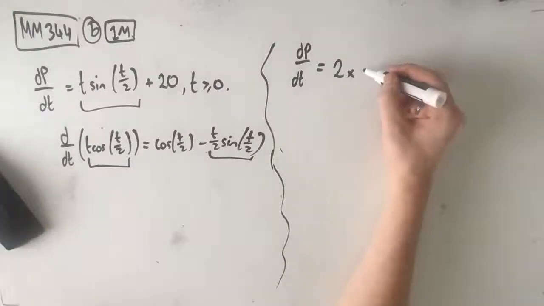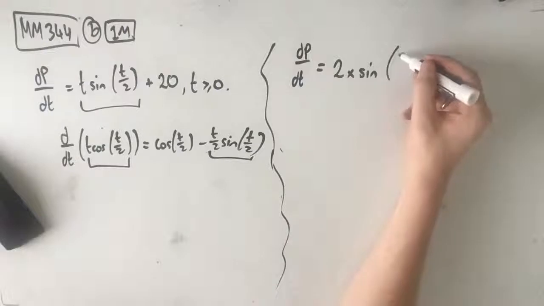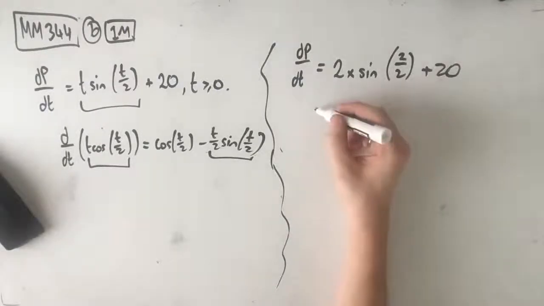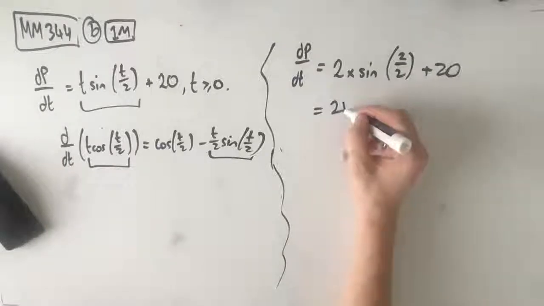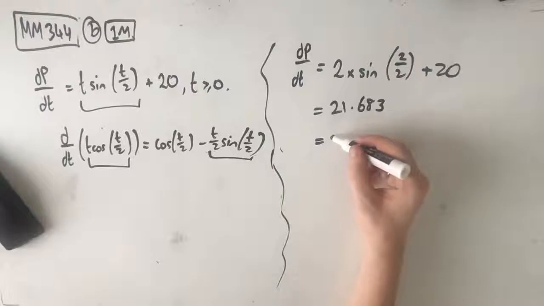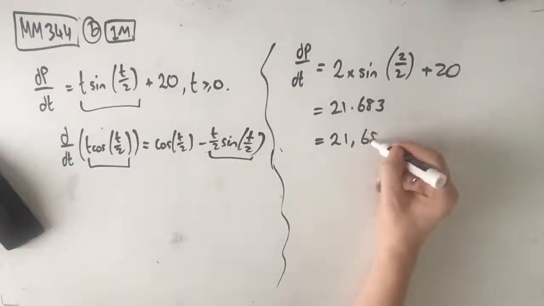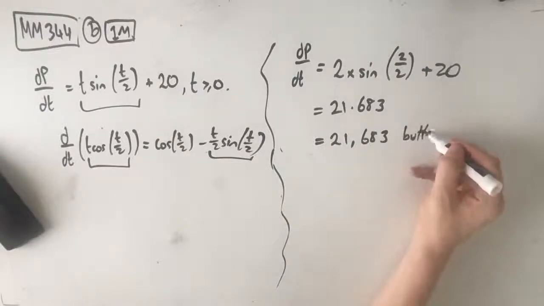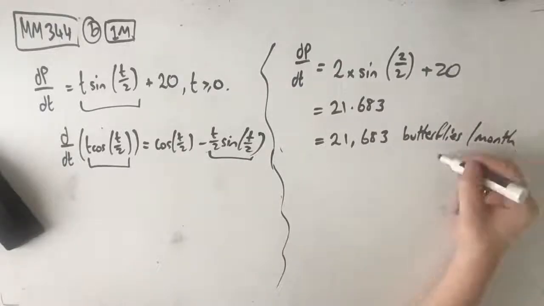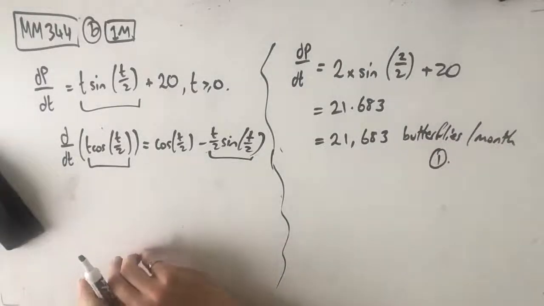So we get 2 times sine of 2 over 2 plus 20, and what this gives us is 21.683, and because this is in thousands, it is growing at a rate of 21,683 butterflies per month. That's our first and only mark for part B.